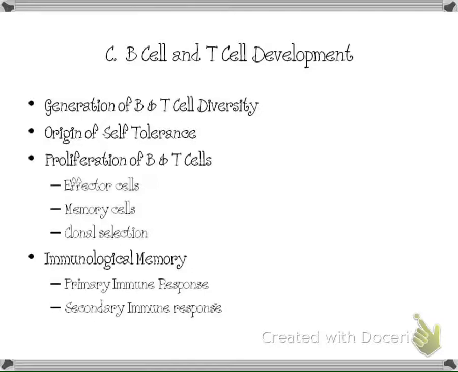Number 3 is B and T cells proliferate after activation, and 4 is immunological memory. So, these are our 4 major characteristics.